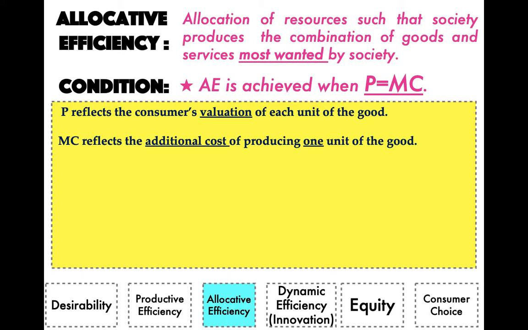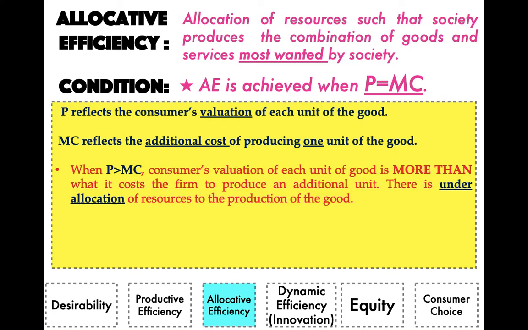Okay, so what happens when P equals MC is not met? Let's assume that we have a case of P larger than MC, right? So this is when the consumer's valuation of the good for one unit of the good is more than what it costs the firm to produce. So it's a signal that there is under allocation of resources in this market and not enough of this good is being produced to meet consumers' demand.